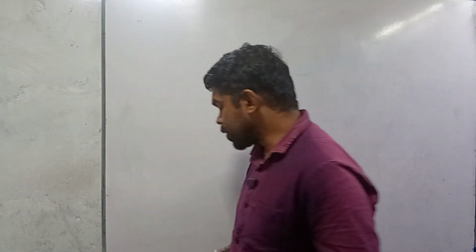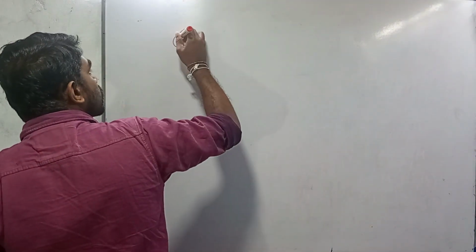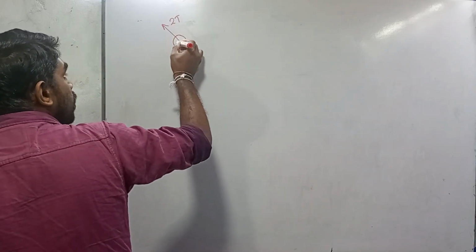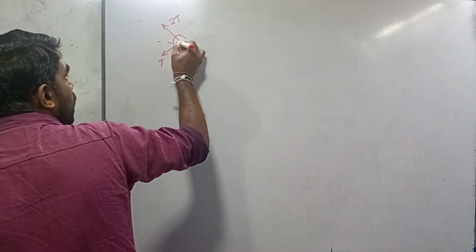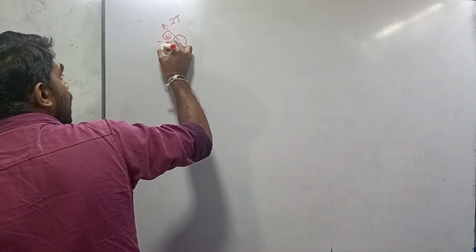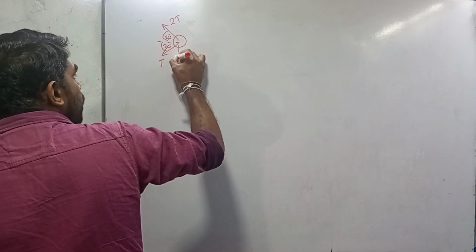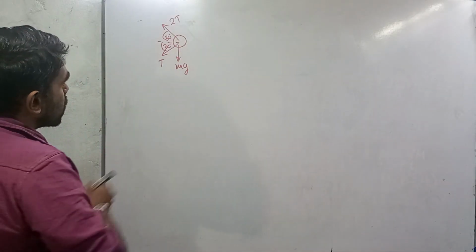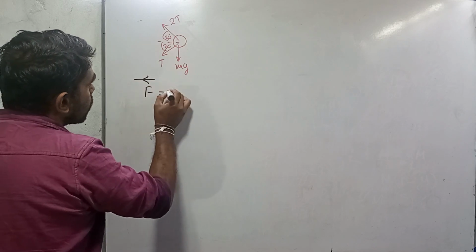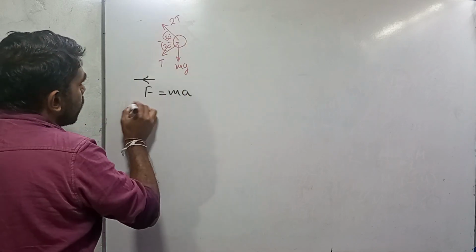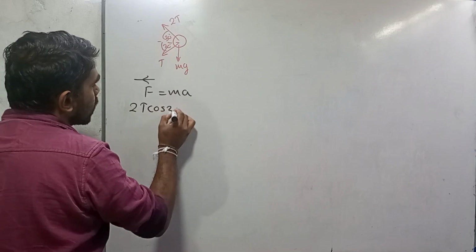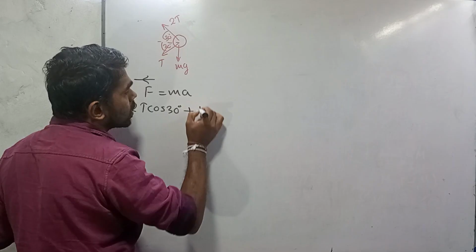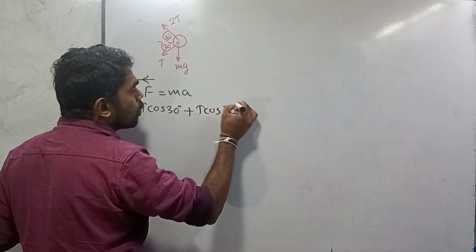I will mark the forces on the ball. Tension of upper wire 2T, they have marked it. Tension of lower wire T. This angle and this angle are 30 degrees. Weight mg. Then we can use F equals ma towards the center. 2T cos 30, the horizontal component of the upper wire, plus T cos 30, the horizontal component of the lower wire.